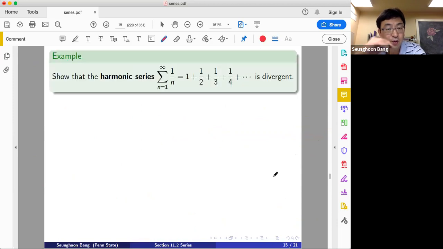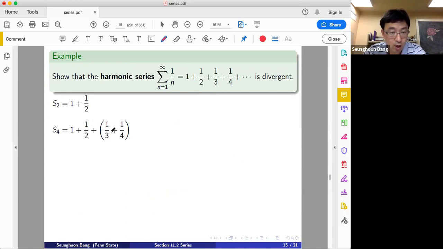The next example, we think about the harmonic series. Is the harmonic series convergent or divergent? So we think about this one. S2 is 1 plus 1 over 2. We think about S4. S4 is 1 plus 1 over 2 plus 1 over 3 plus 1 over 4. You can compare 1/3 with 1 over 4.